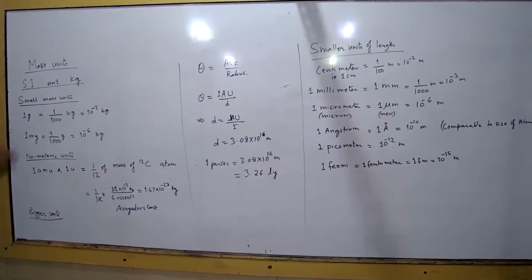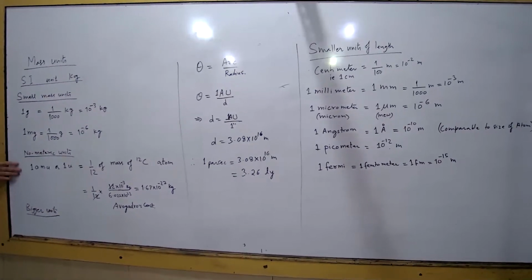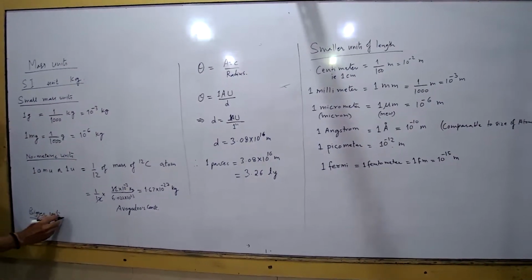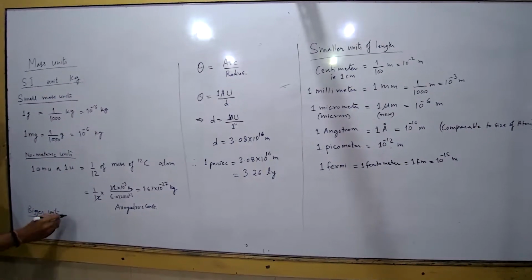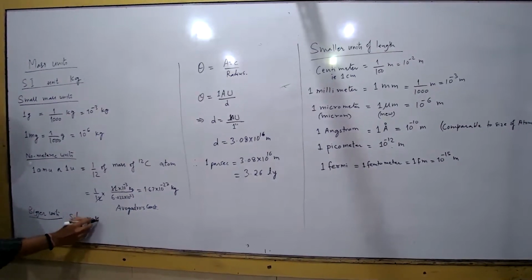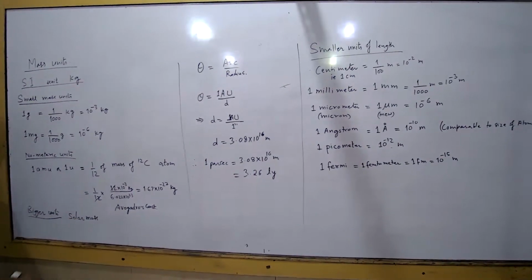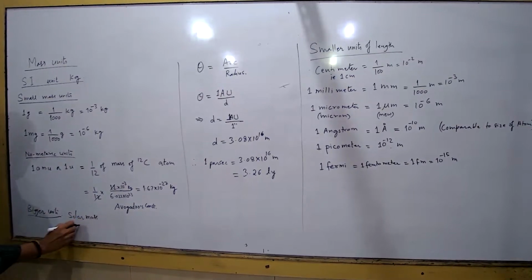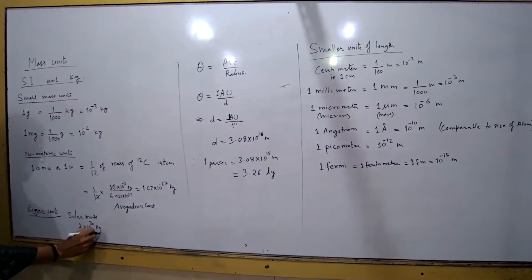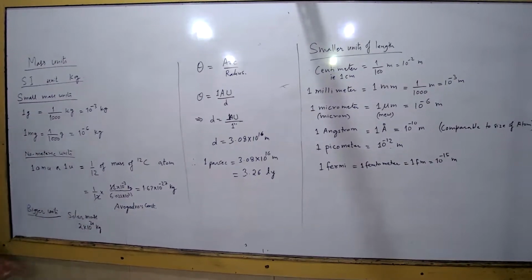Here we have defined some small units, and you can go further small also by using different prefixes. For bigger units, the non-metric unit is the solar mass. Solar mass is of the order of roughly 2 into 10 raised to 30 kilogram. This is the mass of the sun.